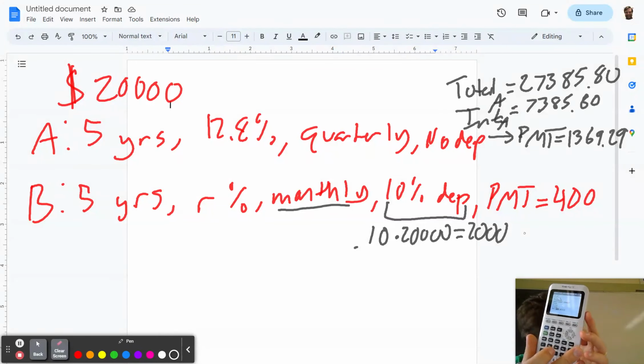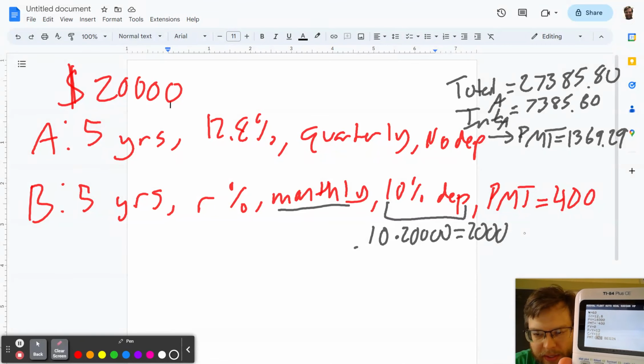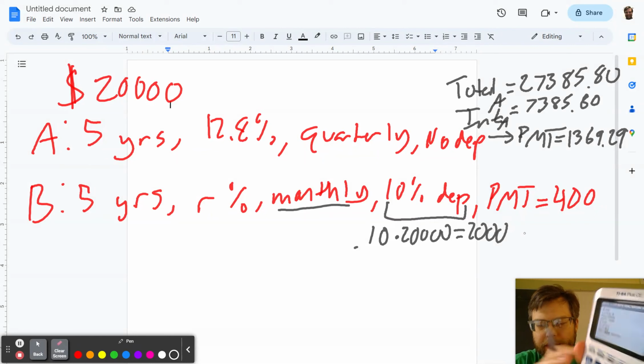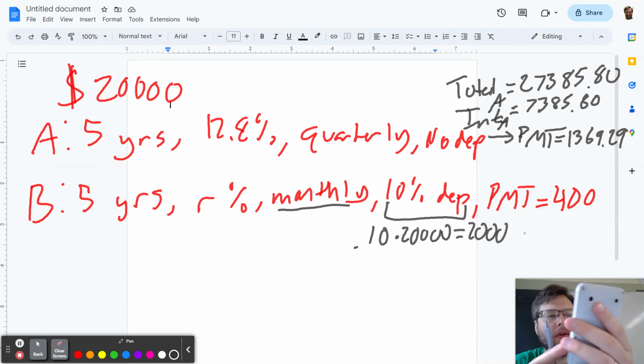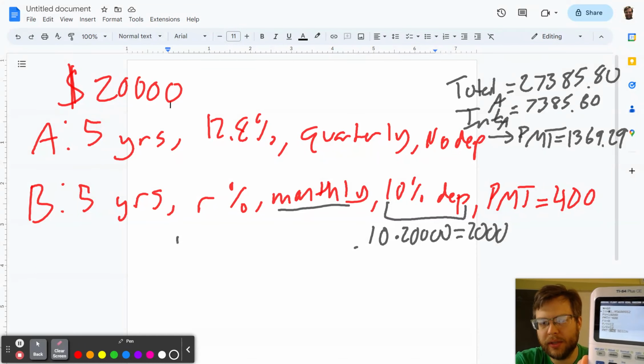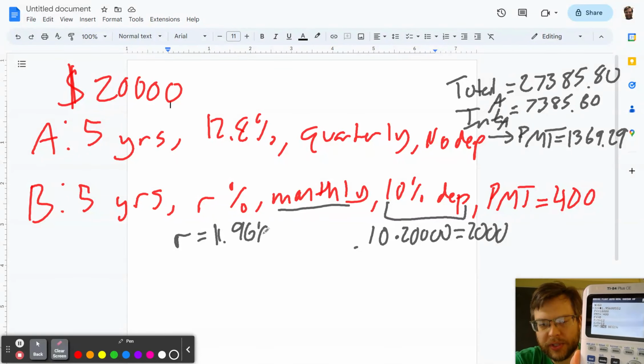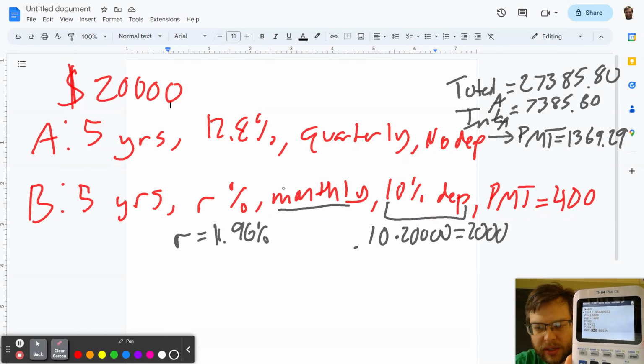Okay, I'll keep it like that because what I'll do is I'll say that then he's got $18,000 left to pay, and he's making payments of $400. Okay, so we'll run it like this. If we interpret it this way, what we don't know is what the R percent is. So if we run it that way, then the R percent comes out to be 11.96% in this calculation here.